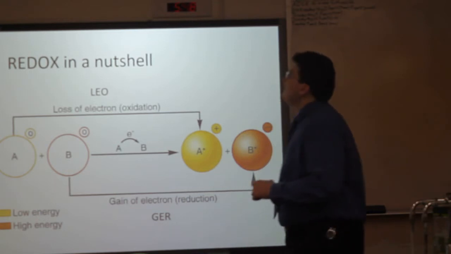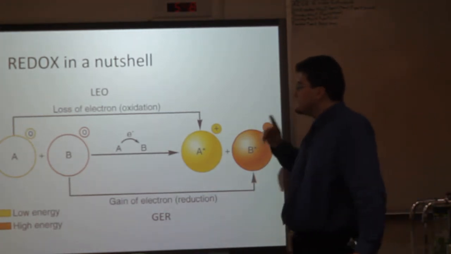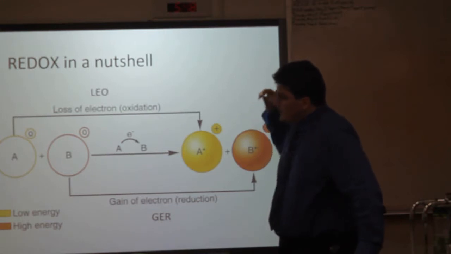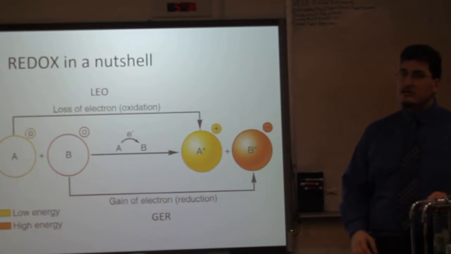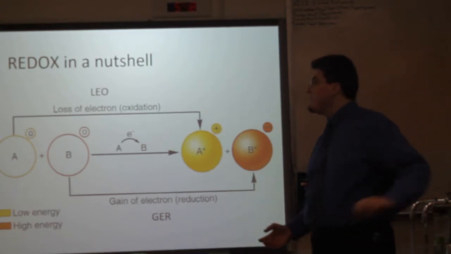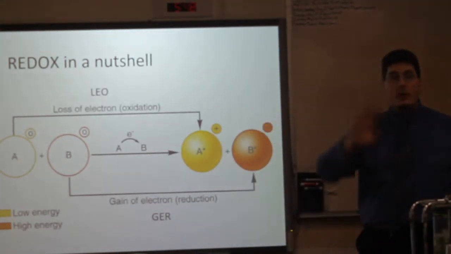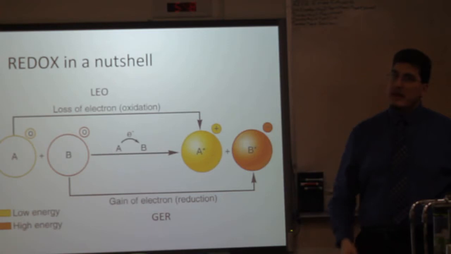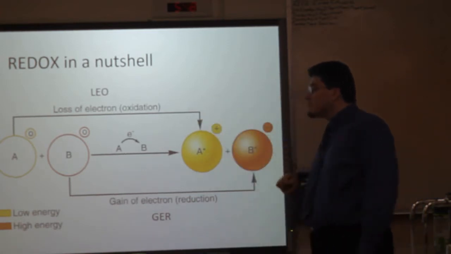So, let us briefly describe redox reactions. This is the third type of reaction that you will need to vaguely understand for the Cambridge exam. A redox reaction. LEO-GER. If you use OIL RIG, good for you. I use LEO-GER. The loss of electrons is oxidation, and the gaining of electrons is reduction.